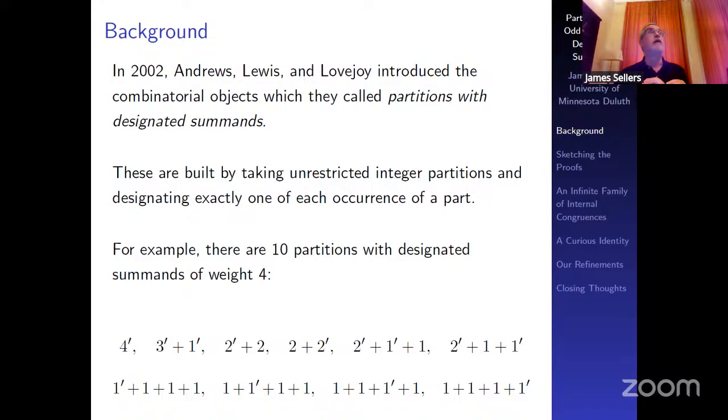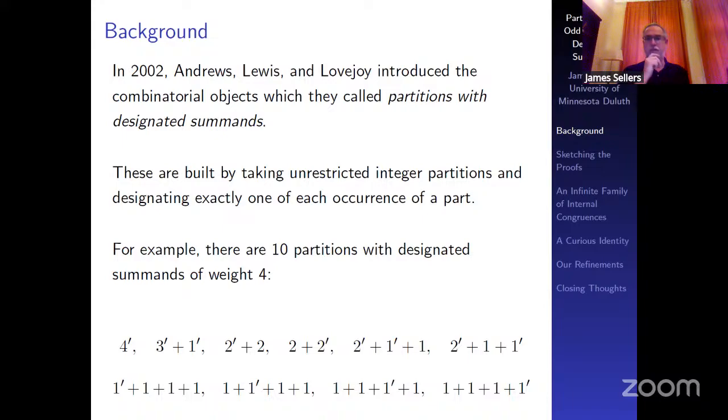So unlike over partitions, where I think some people might see some overlap here, in the case of over partitions, you're allowed to select whether you will or will not put a mark over a part. So in some cases, in over partitions, none of the parts are marked. In the case of these partitions with designated summands, we must select one copy of each part and we must mark it.